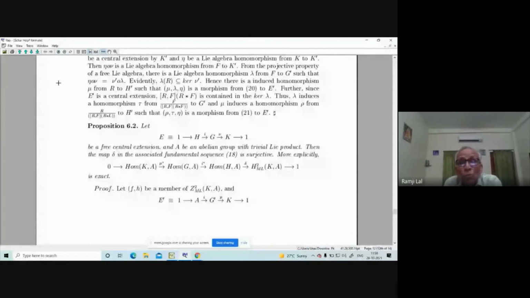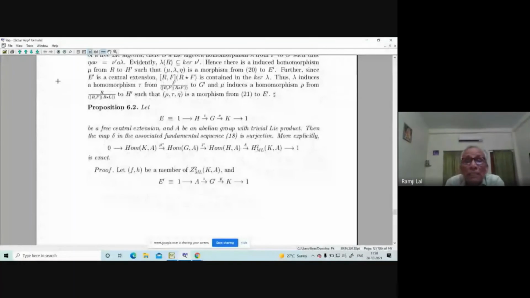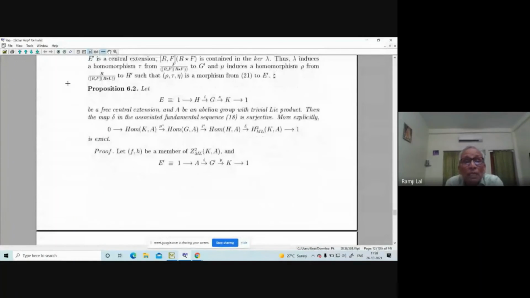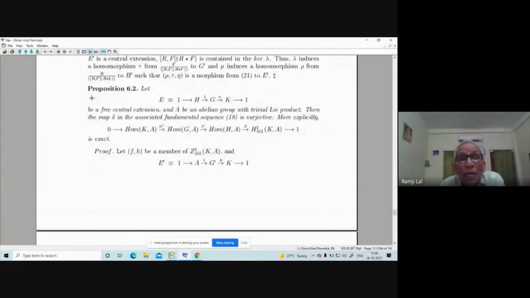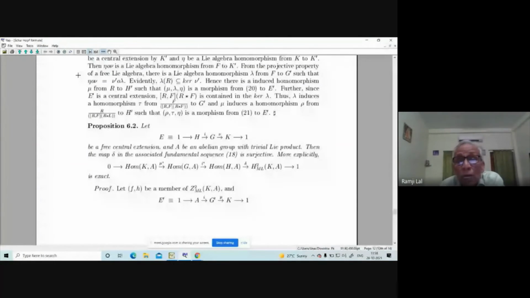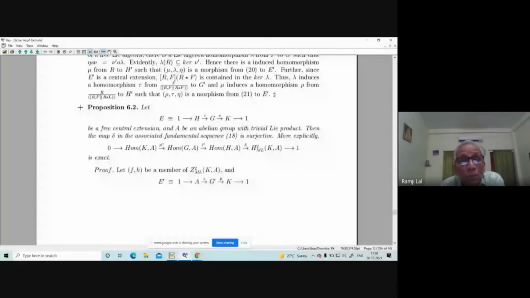That was the crucial step in the proof of the Schur-Hopf formula, and that is really the crucial thing to be done here also. I'm running out of time, but anyway, I'll take some more time to do that.